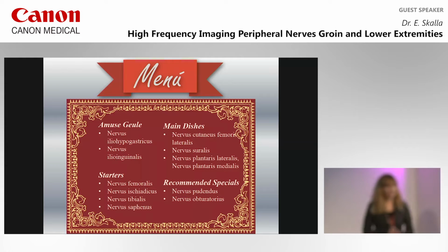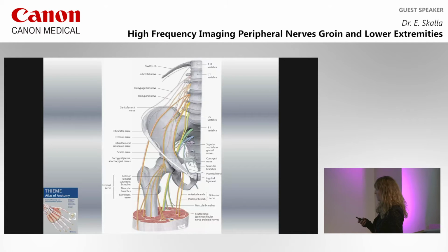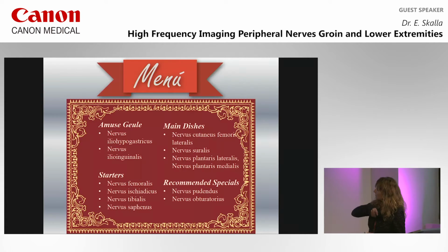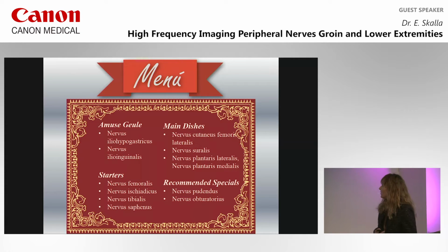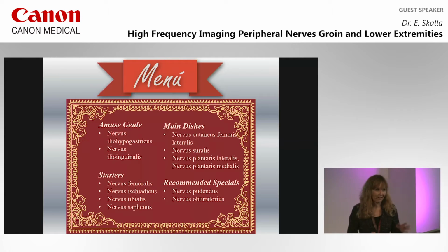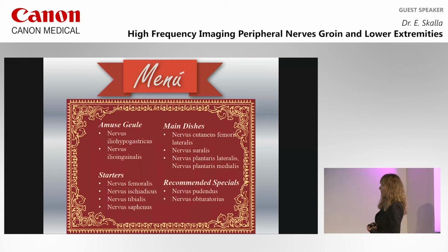As main dishes, something which we often have in our daily routine: the lateral cutaneous femoral nerve, which is often asked to get infiltrated in meralgia paresthetica, the sural nerve after surgery, and the lateral and medial plantar nerves. They are not that often asked. And for the end, some recommended specials, the pudendal and obturator nerve.